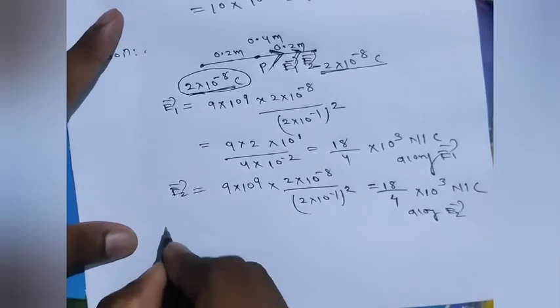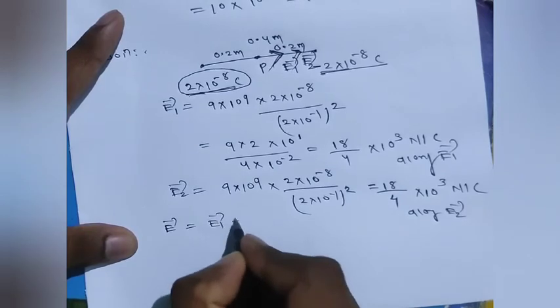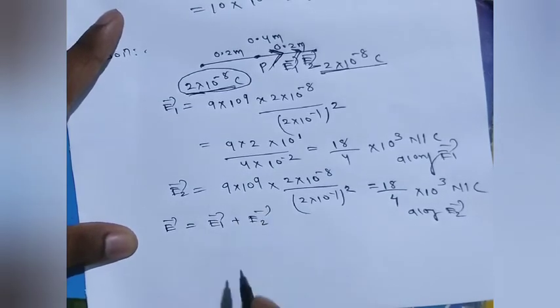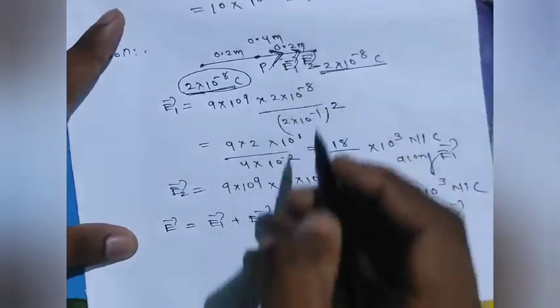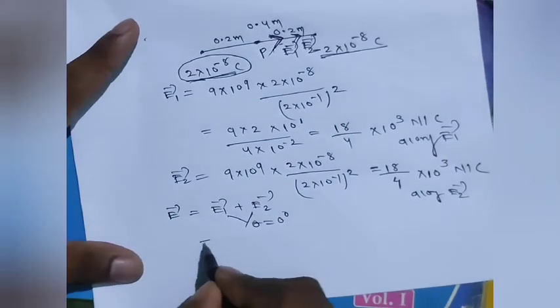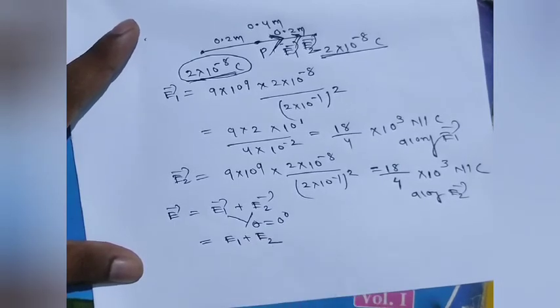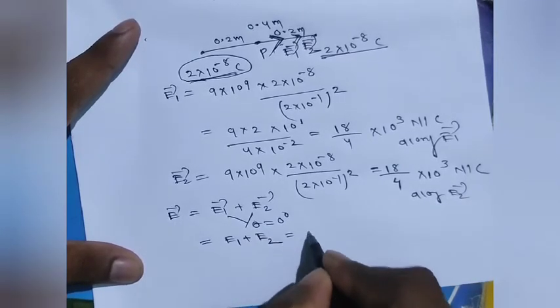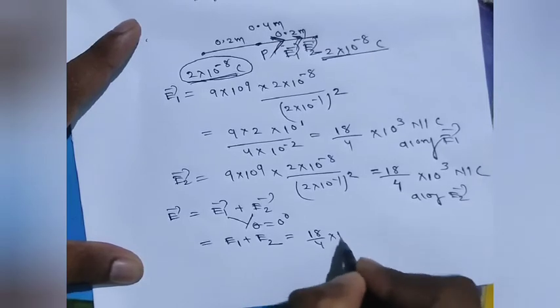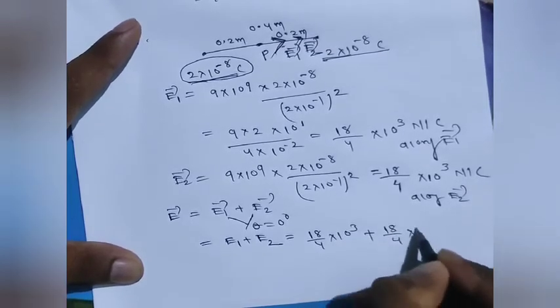So now resultant electric field at point P will be the vector sum of E1 vector and E2 vector. Since the angle between E1 and E2 is 0 degree, so according to vector addition rule, resultant electric field will be sum of their magnitude. So E1 is how much? 18 by 4 into 10 to the power 3, and E2 is 18 by 4 into 10 to the power 3.